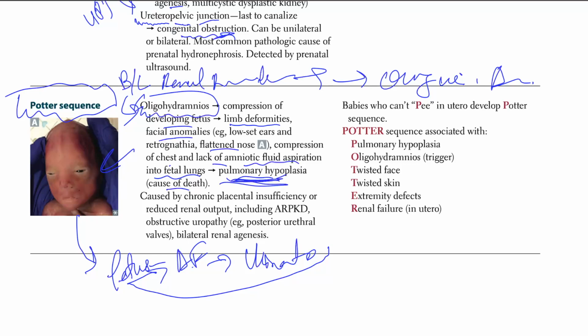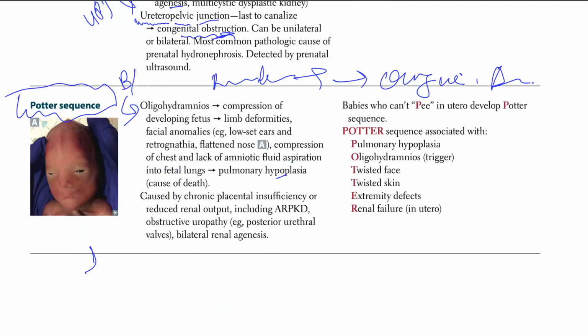But here we have a low amount of amniotic fluid. So what's going to happen is we have nothing to swallow, or the swallowing center is down, let's say. That's another cause of it. But here, let's say we have low amniotic fluid, we can't swallow amniotic fluid, which leads to pulmonary hypoplasia, which is the cause of death. Okay.